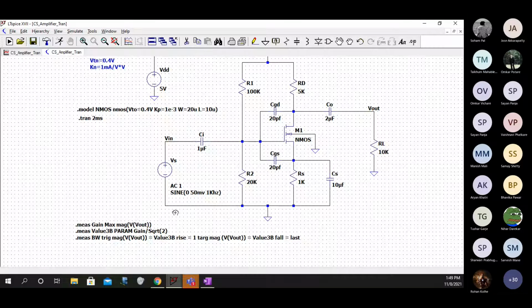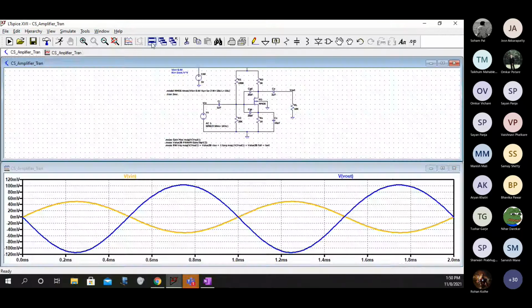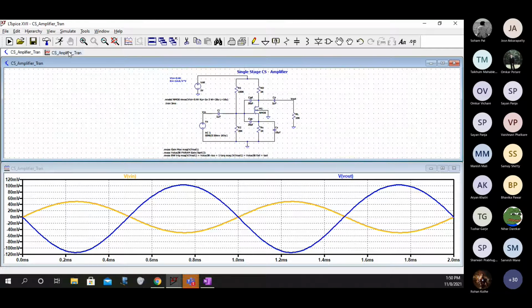We have used so many commands here. We have used .ac, you have used .tran, you have used .measure. And of course, without .model, you will not be able to go ahead at all. So show me the circuit as well as this.